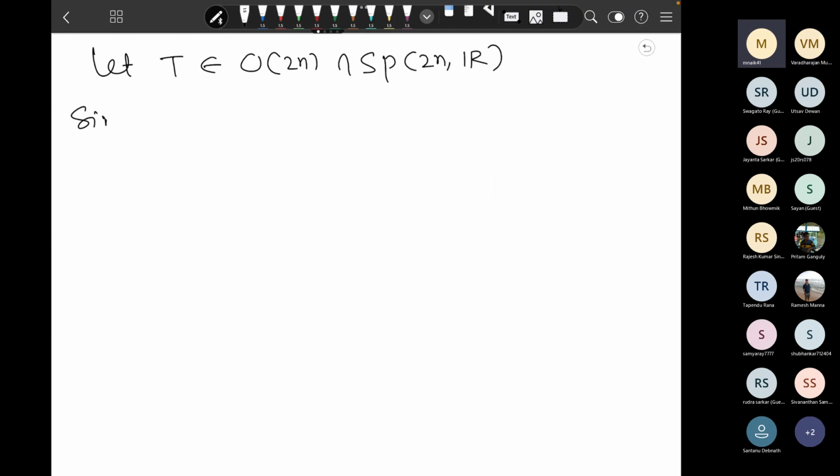Since A belongs to O_2n, I get A transpose A is equal to identity.